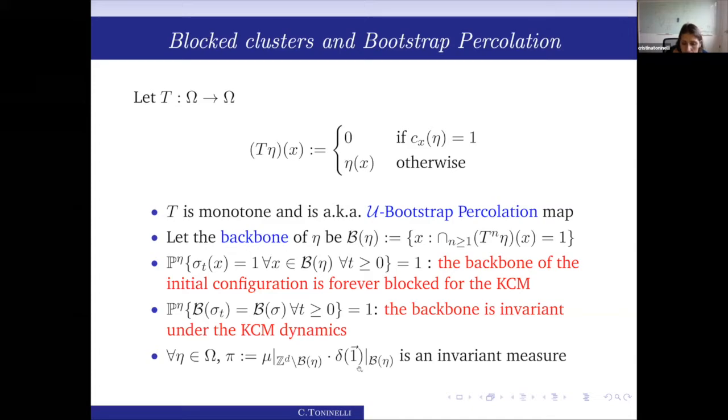In fact, if I have a configuration which has a backbone of blocked particles under the Bootstrap map, and I take a measure which is 1, completely occupied, on this backbone, and a product with density 1 minus q elsewhere, this is an invariant measure. So there is a whole multiplicity of invariant measures.